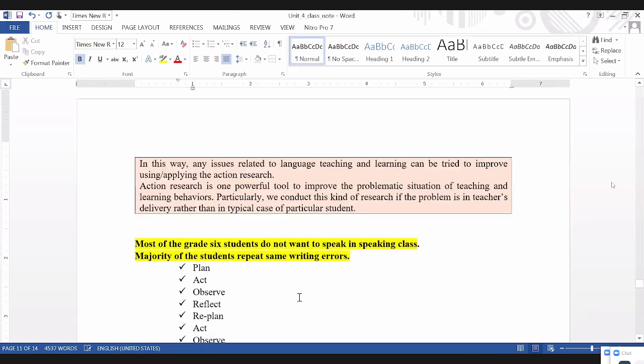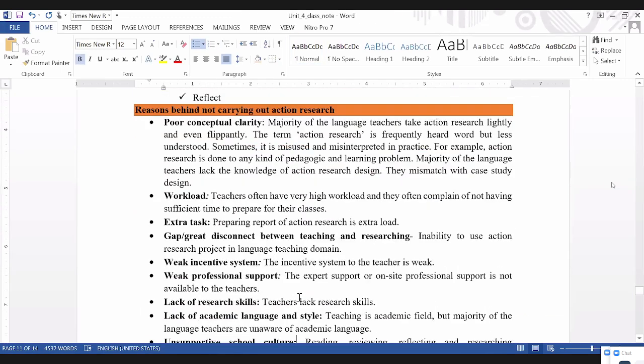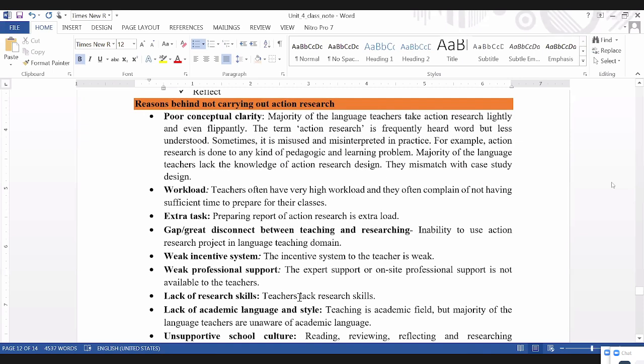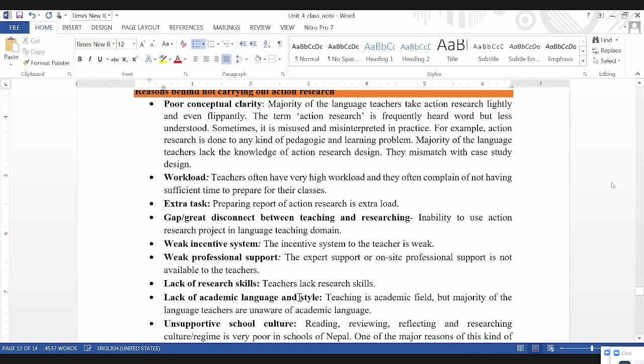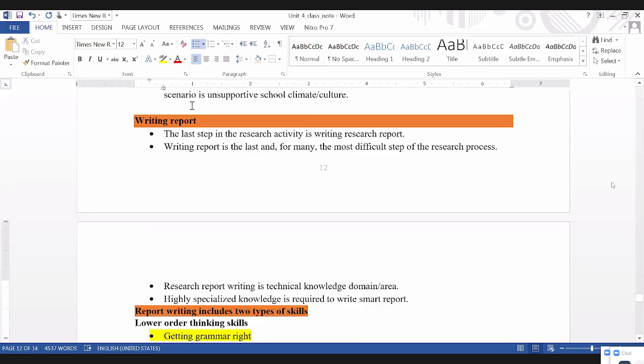Now let's go ahead. Problems or reasons why teachers do not carry out action research. Here we discussed writing a report.